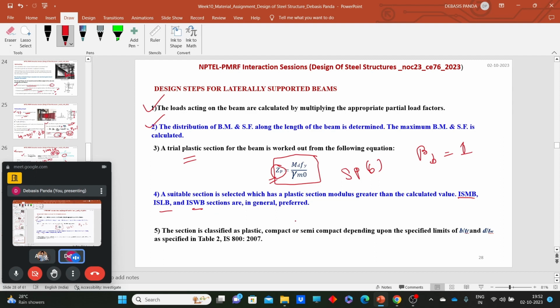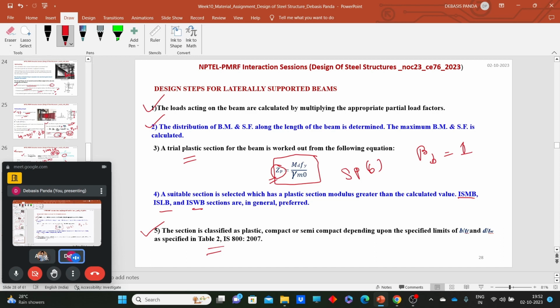Now, when we have selected the section, we need to identify whether the section is plastic, compact, or semi-compact. How can we differentiate them? From Table 2, the different specifications are given.